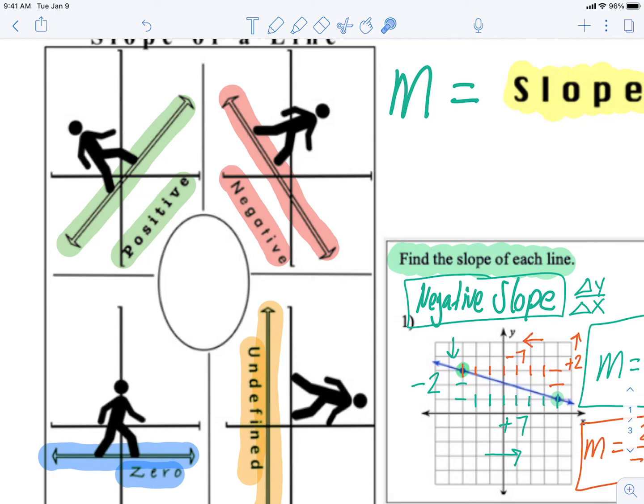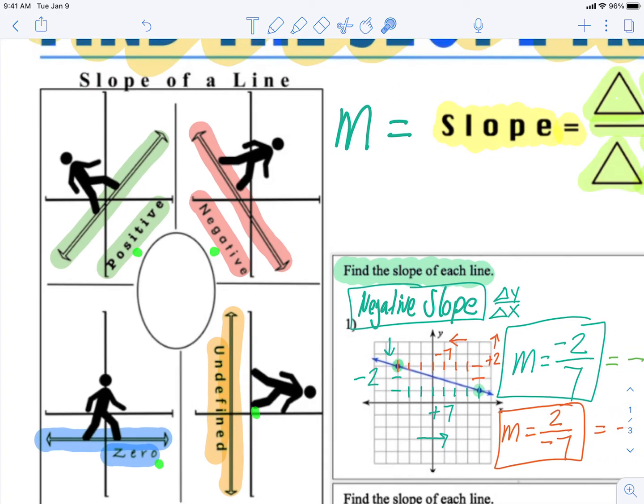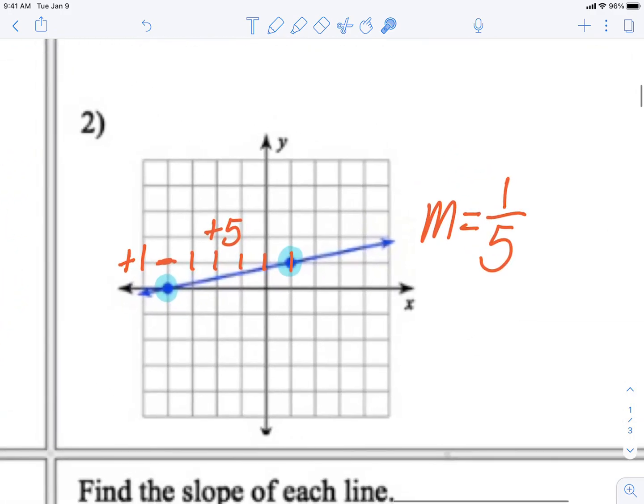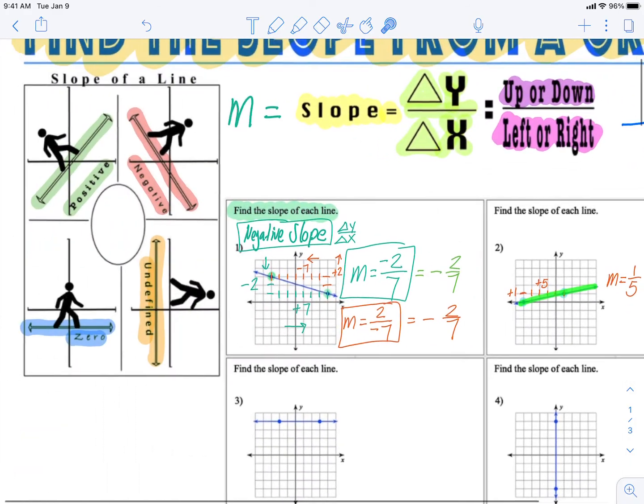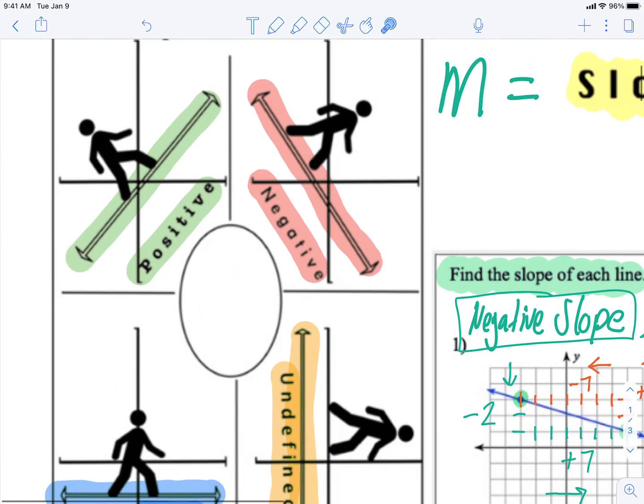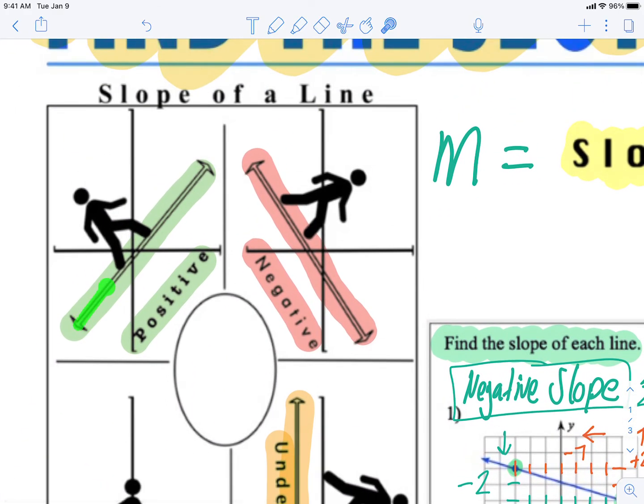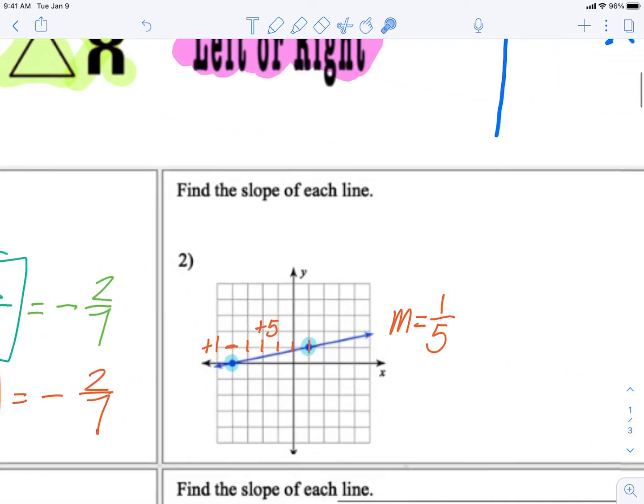Is this a positive slope, a negative slope, a zero slope, or an undefined slope? Well, let's see. I'm going from left up to the right. So which one is like that one? Oh, look at this. Left and going up right. So this is a positive slope.